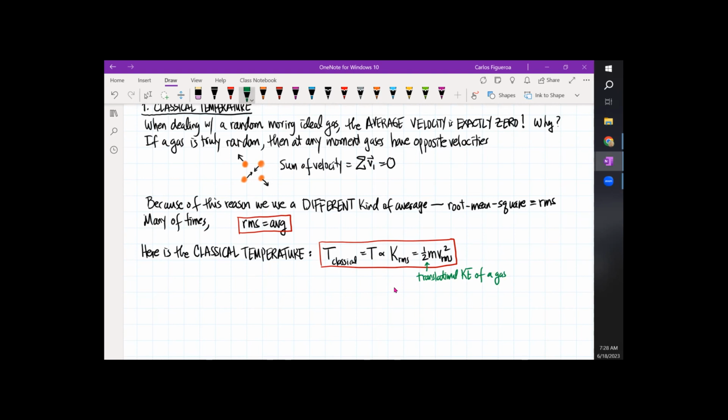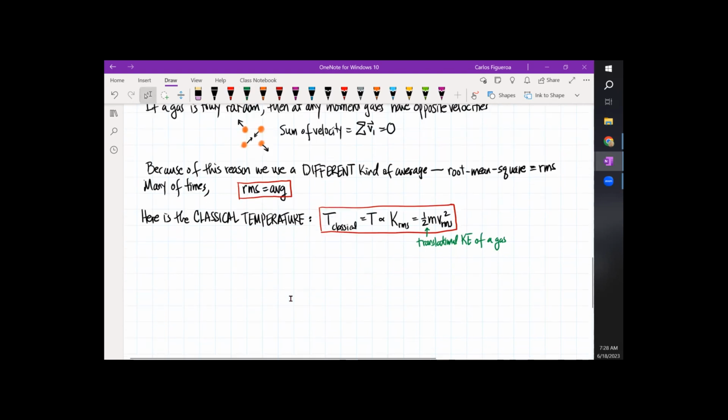So when we move on to more complicated gases like diatomic or polyatomic, they also rotate. Rotations do not contribute to the classical temperature. Only the translational kinetic energy does.